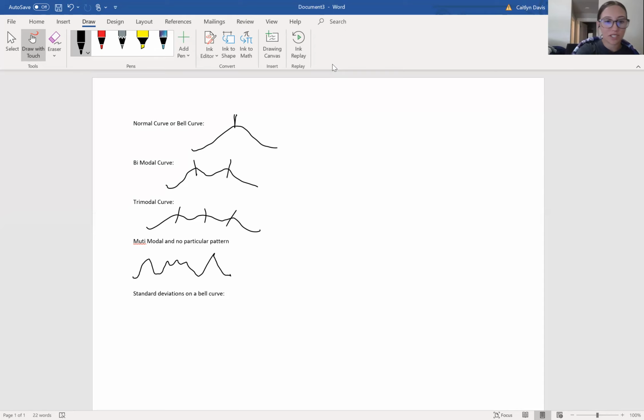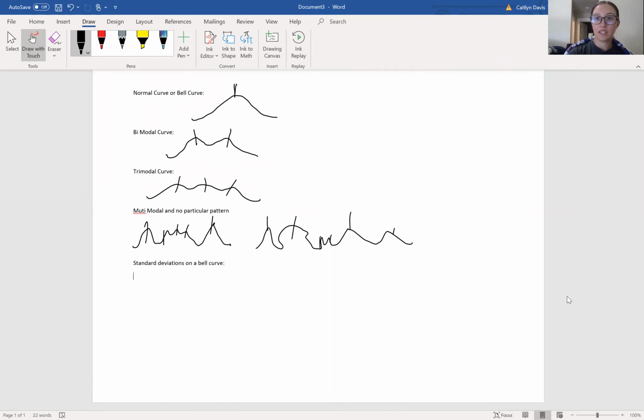And then when I think of no particular pattern, it's more like this, where it's a bunch of different curves and we have no symmetry, no idea about where the area actually is. We'd still have high points about right there, but then we have these little pieces down here that don't really do much. Whereas here we still have our high points and then maybe a few middles. So that's how I like to think of it. I have to draw things out. I have to visually see it, or else it does not make sense to me.